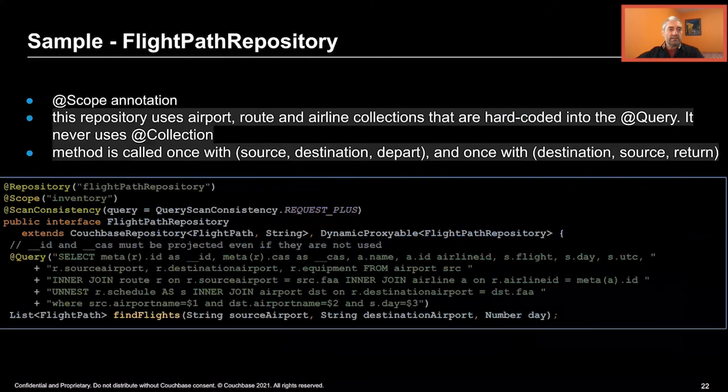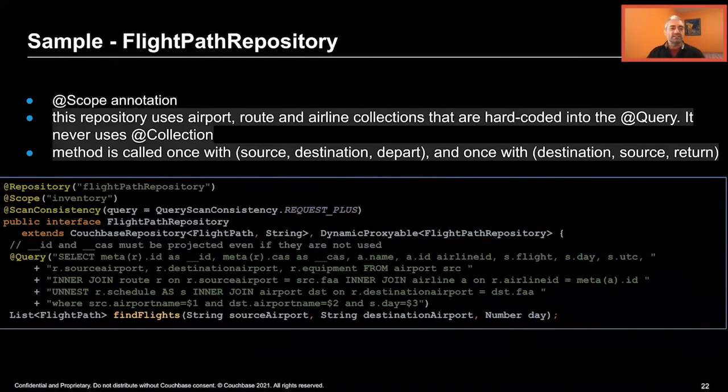For the flight path, this is the smarts of the whole thing, where it looks up flights going from your source to your destination. It does the join in here.